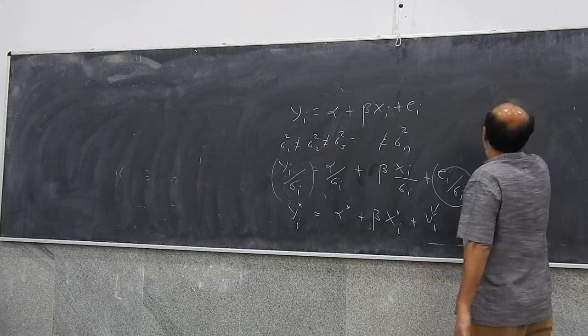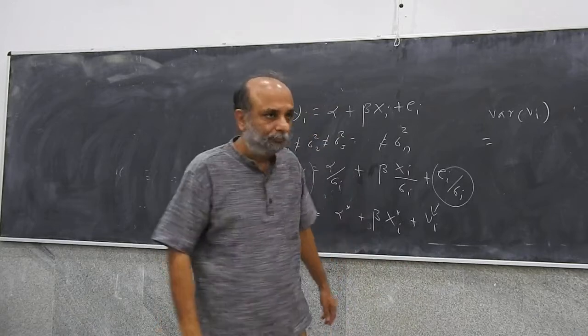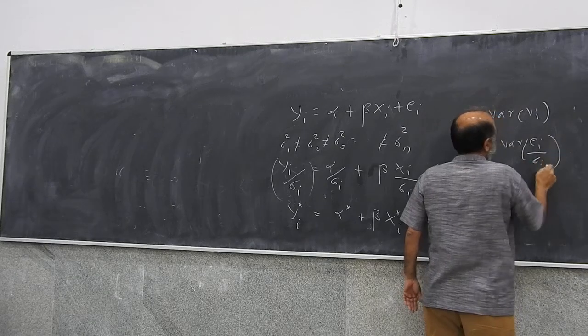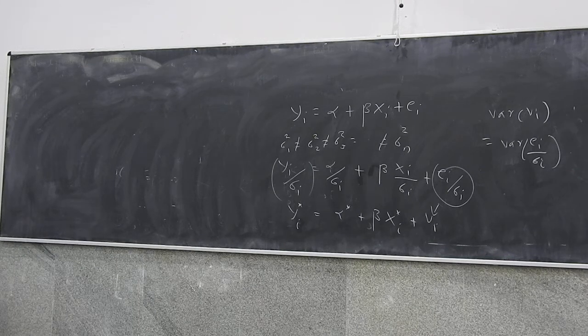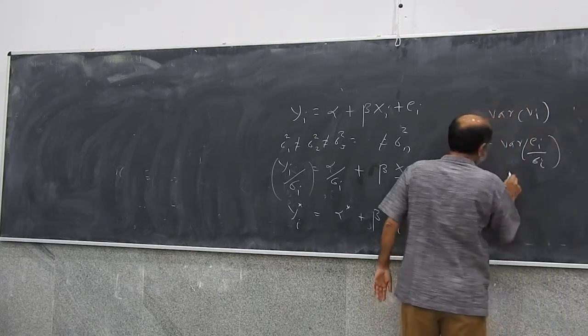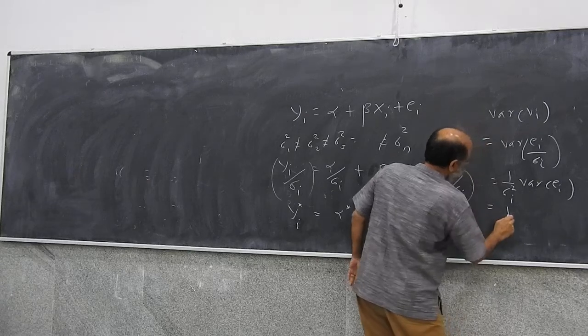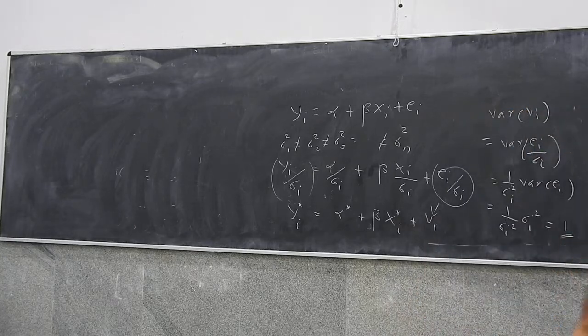The point that I said yesterday was that the variance of Vi is equal to the variance of Ei upon sigma i, which is equal to 1, because the variance of Ei is sigma i square and the variance of x upon alpha is 1 upon alpha square times the variance of x.